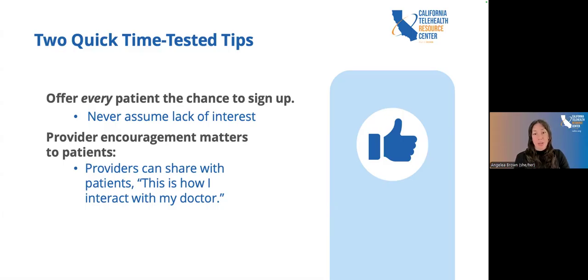And we also have data that those with lower socioeconomic status tend to use their phones to access the portal more often than other groups. And then, secondly, we all know that there is high trust in our care teams, especially doctors and physicians. So, having your physician tell you that they too use the portal to communicate with their own healthcare teams can encourage patients to give it a try.